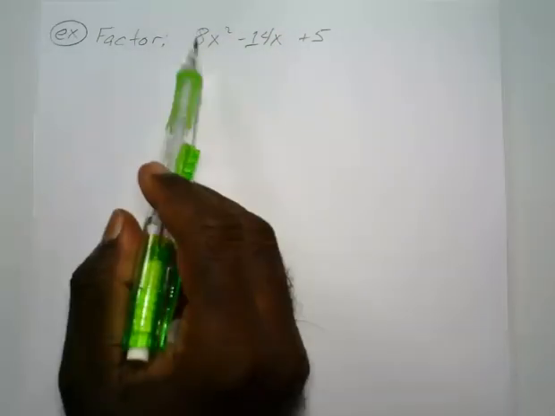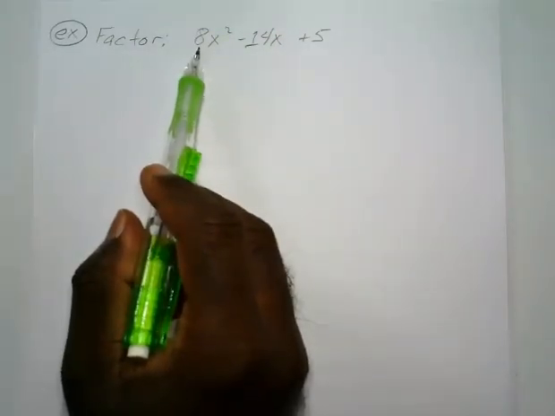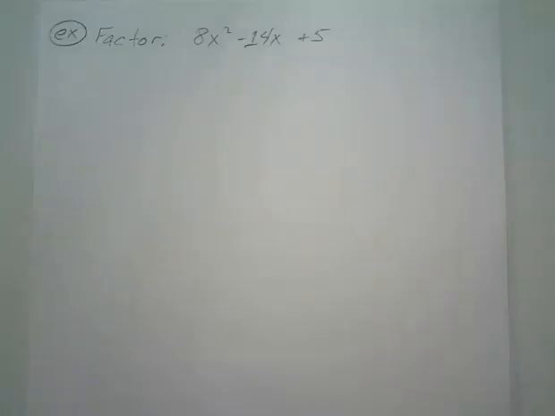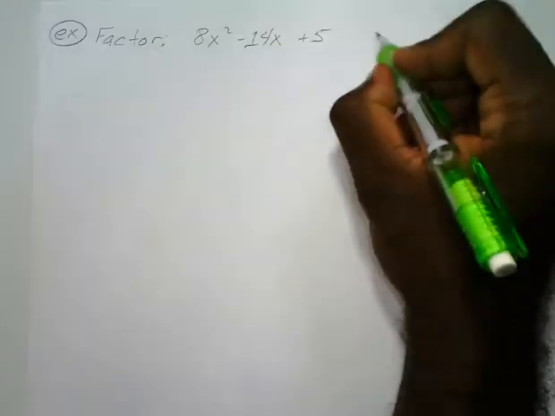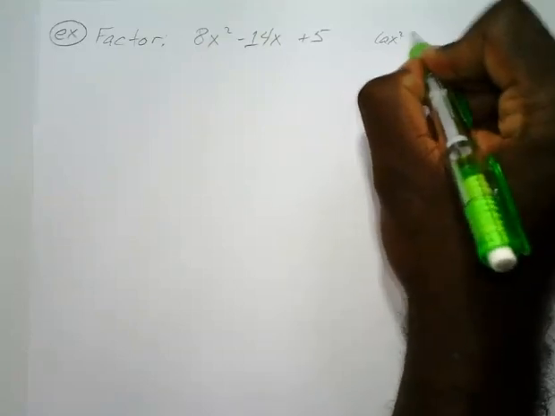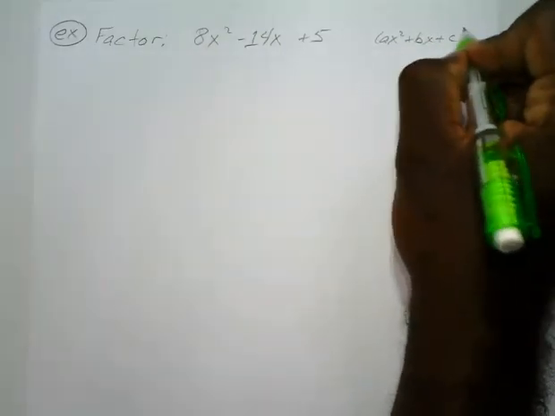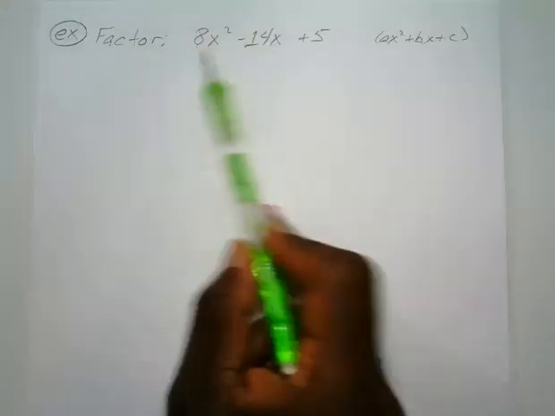Here we see we have a value in front of the x squared that's not 1. This is our ax squared plus bx plus c form, where your a, b, and c are right there.